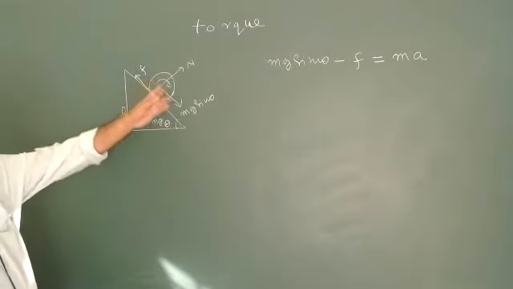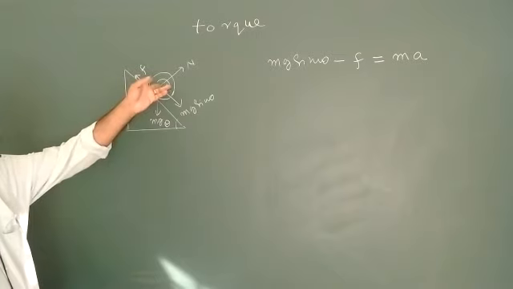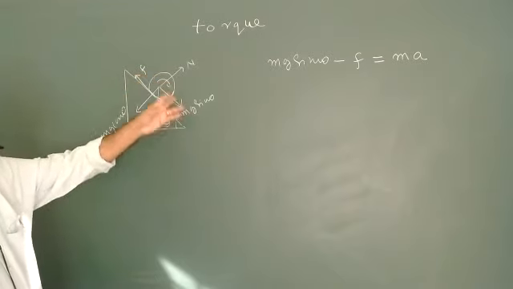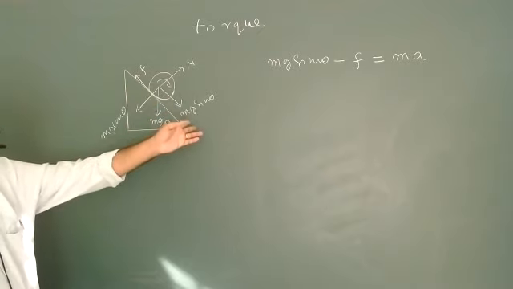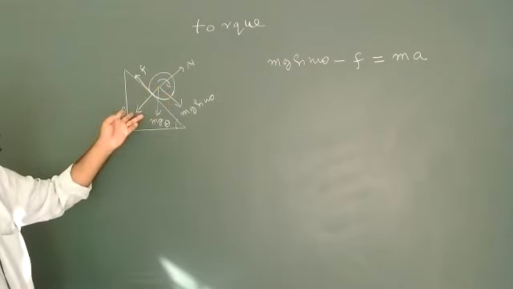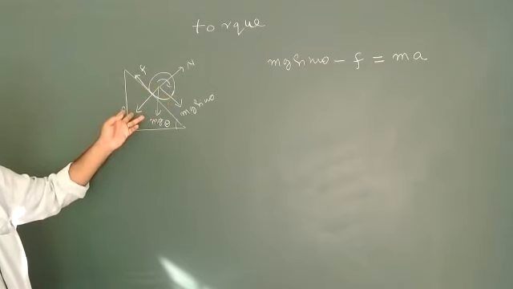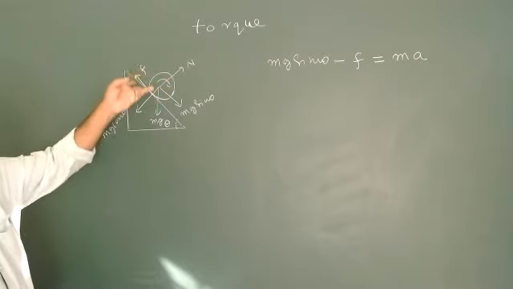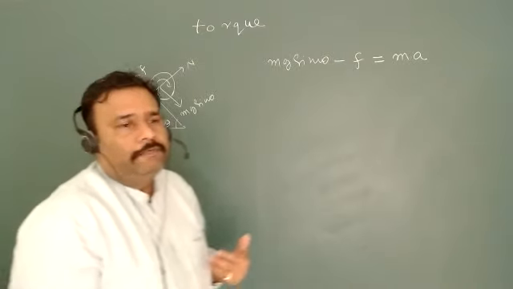When we write the equation of torque about an axis passing through the center of mass, obviously there is no torque due to mg sine theta, no torque due to the normal, and no torque due to the mg cos theta component. The torque is only due to this particular tangential force, which is friction.